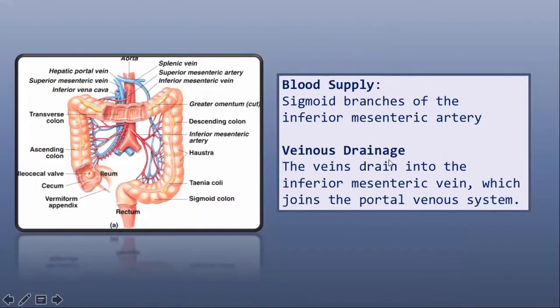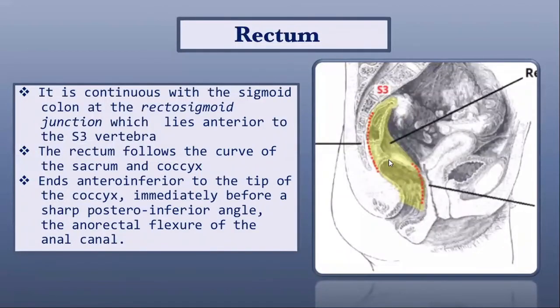Then last, we have the rectum. The rectum starts at the rectosigmoid junction. It is at the level of S3. You can see here that this follows the curve of the sacrum and the coccyx.